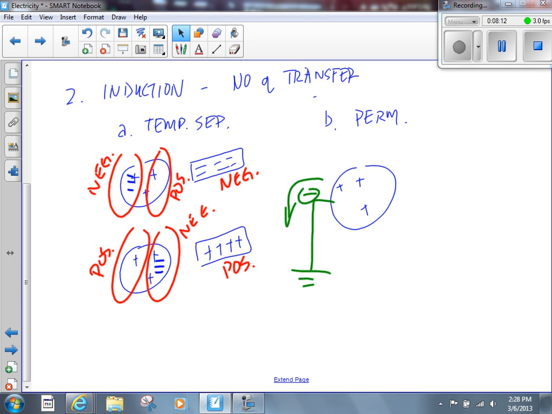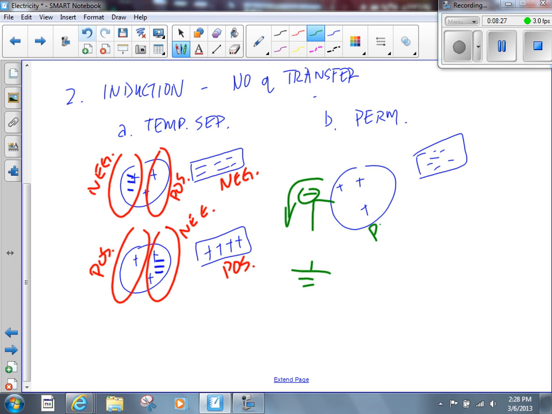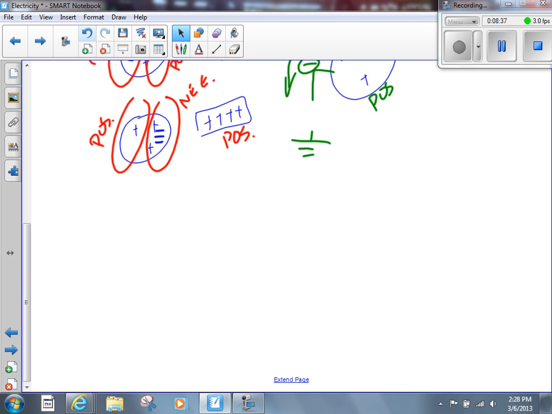The key here is to cut that ground wire before I take that charging object away. When I do that, I'm left with a net positive charge on that neutral object. Notice that it becomes positive. Notice that the object doing the charging was negative, oppositely charged.